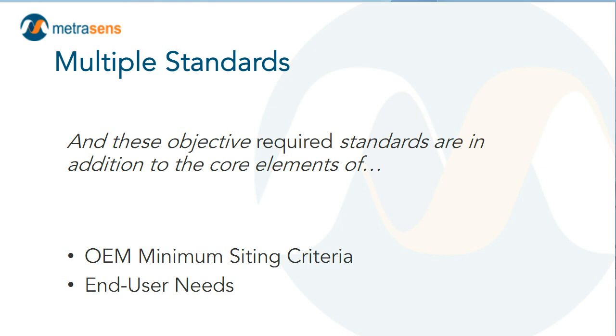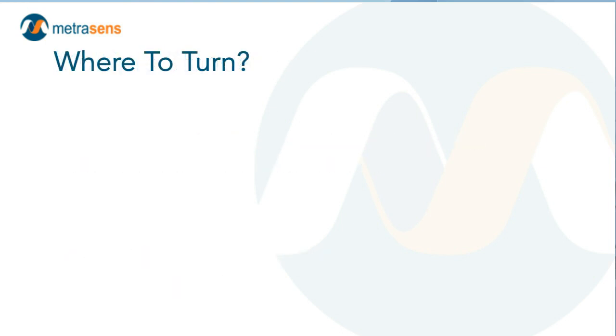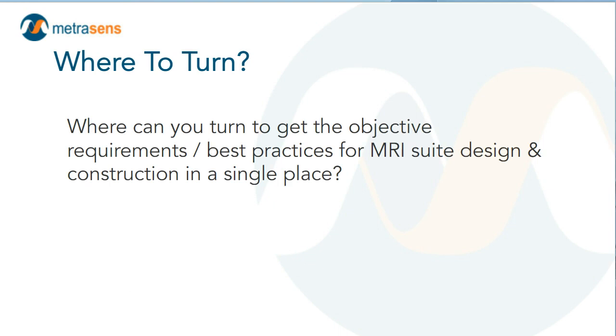So where to turn for information, for resources, for help? You can turn to lots of separate little books and texts and websites to pull things down. You can have NFPA 101 and IBC. You can have FGI. You can have ACR and Joint Commission.